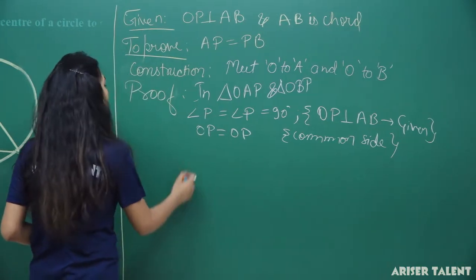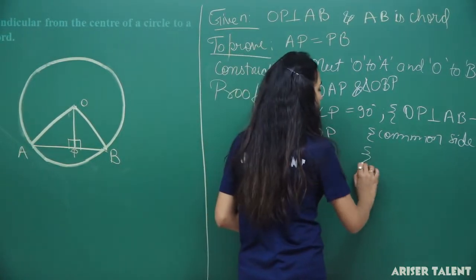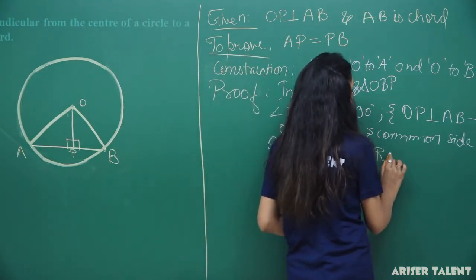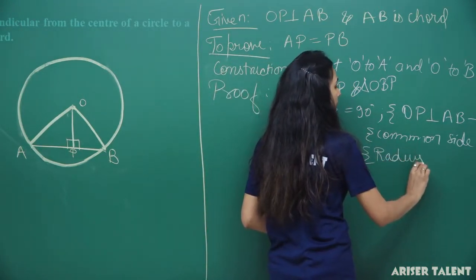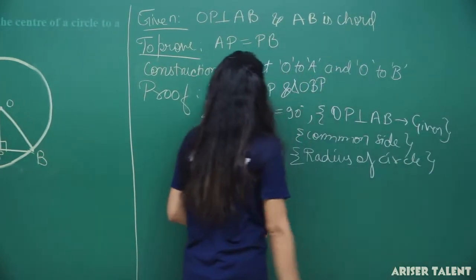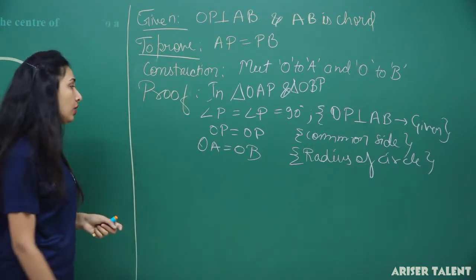After that we find OA equals OB by the same concept we used in the previous theorem: these are radii of a circle. So what did you get? Side angle side property.